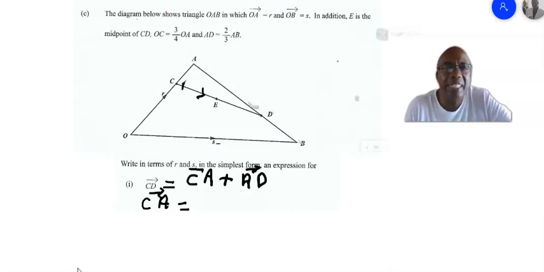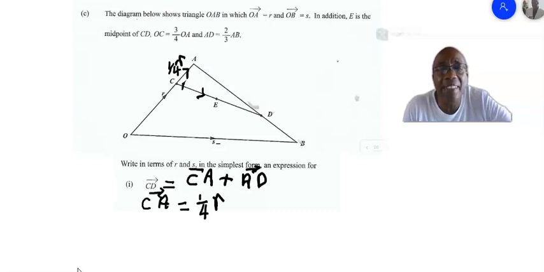So let us write CA is 1/4 vector OA, and since vector OA is R, vector CA is 1/4 R. So let's put 1/4 R as vector CA.